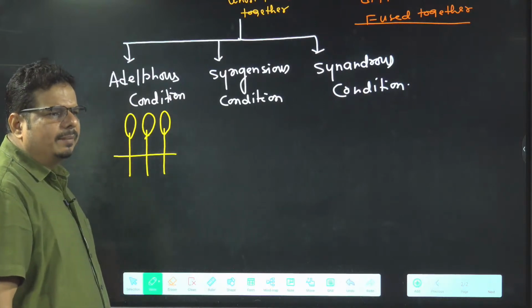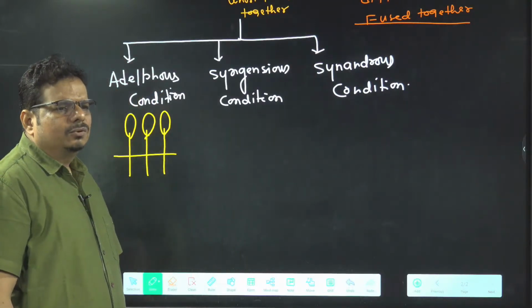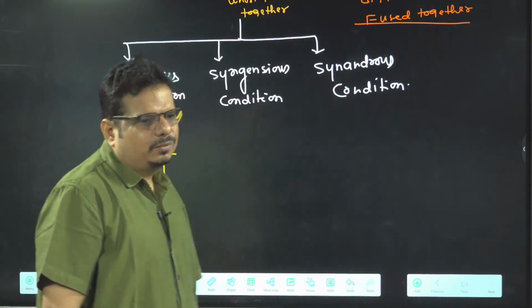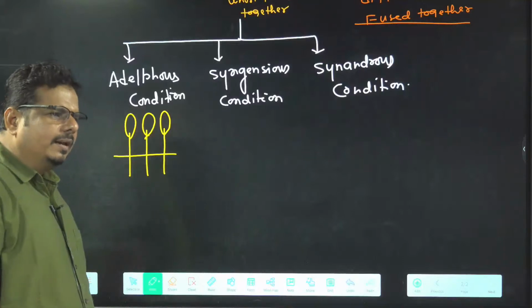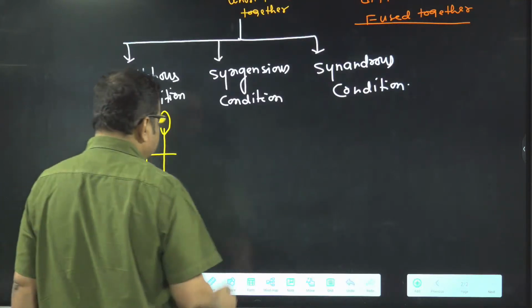Who is fusing? Filament is fusing. This joining line means fusion. And who is free? Anther is free. So it is called Adelphous condition.